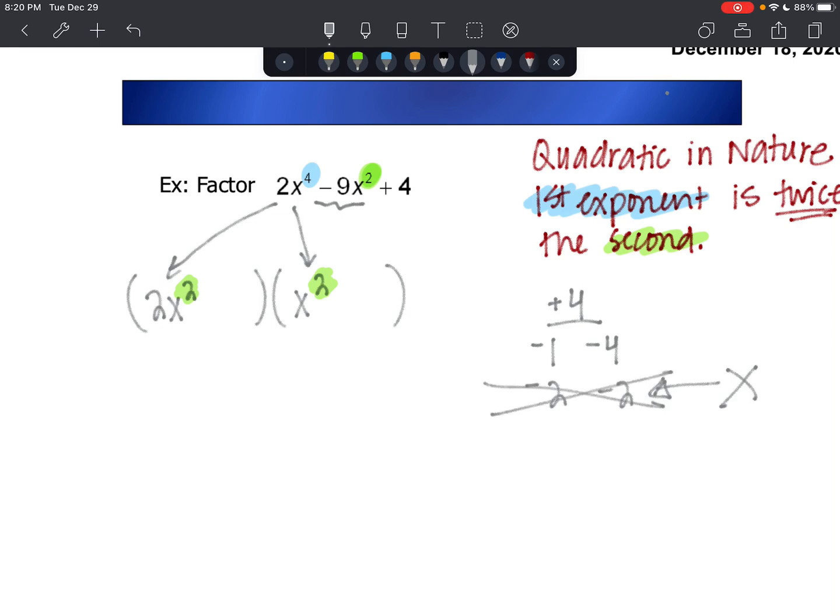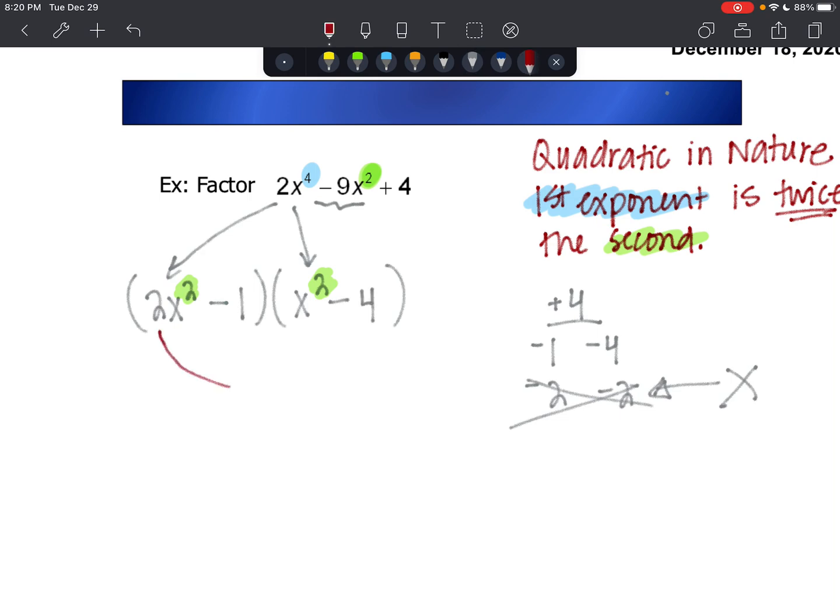I'm going to try negative 1 and negative 4. Now where will I put the 4? Can I put the 4 here? I cannot put the 4 there because then again 2 and 4 have a common factor that the original trinomial does not have. So we're going to try the negative 1 and negative 4 just like that.